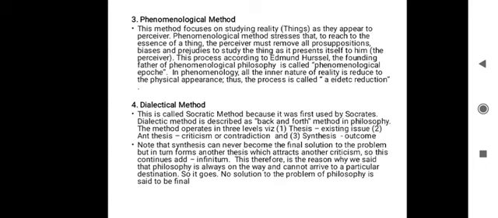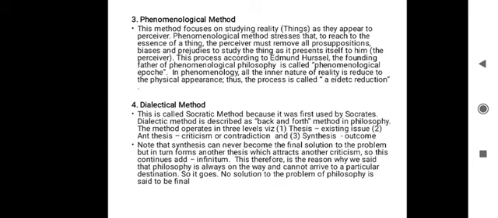The process, according to Edmund Husserl, the founding father of phenomenological philosophy, is called phenomenological epoché. In phenomenology, all the inner nature of reality is reduced to the physical appearance. Thus, the process is called eidetic reduction.